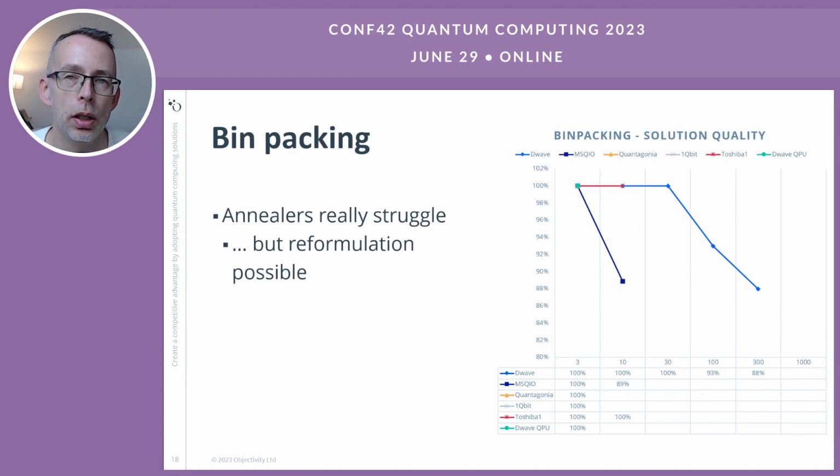However, it is actually possible to reformulate the bin packing problem using a two-step algorithm, by first finding packings for just one bin and treating them as a set of candidate solutions.